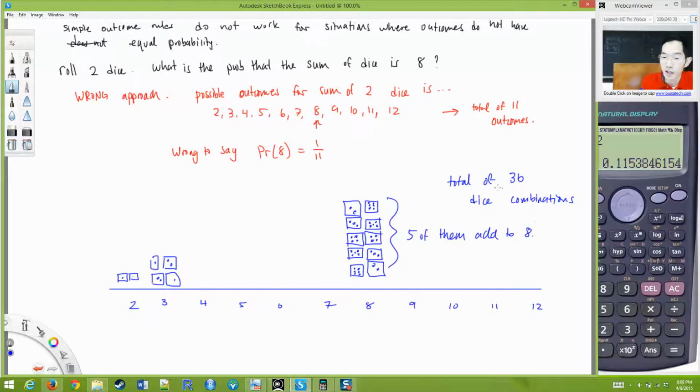Okay, and these 36 dice combinations are equally likely. So therefore the probability that the sum of 2 dice is 8 is equal to 5 out of 36.